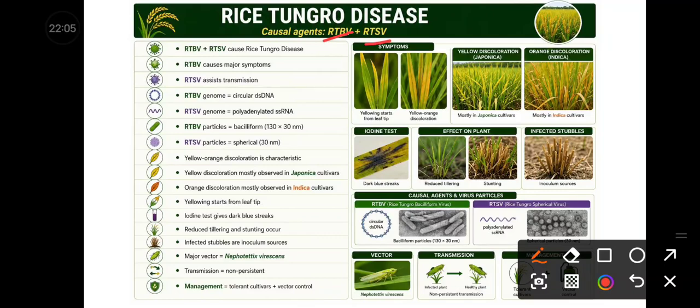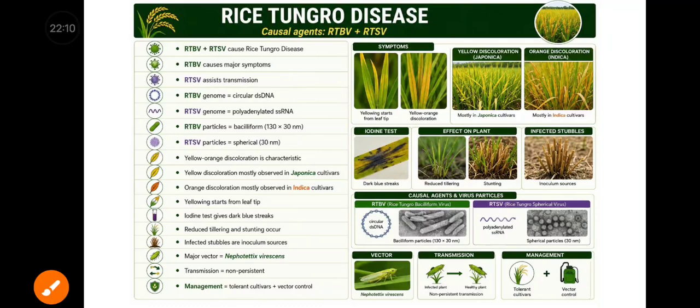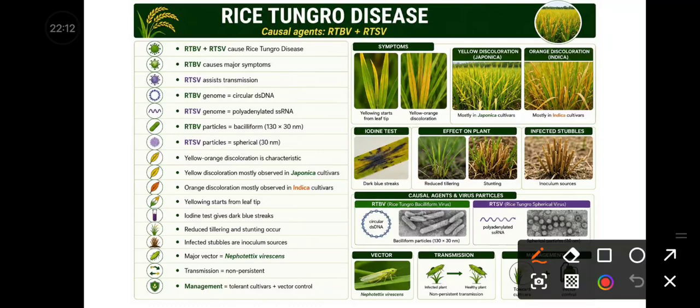These viruses differ not only in morphology, they also differ in their genome. So RTBV, rice Tungro bacilliform virus, and rice Tungro spherical virus, both complementarily cause this rice Tungro disease. The bacilliform virus causes the major symptoms, whereas the spherical virus assists transmission.